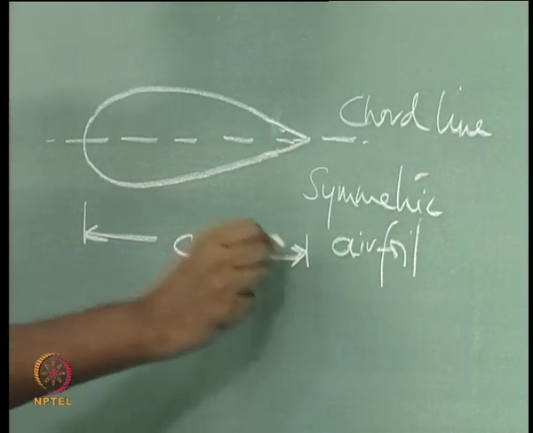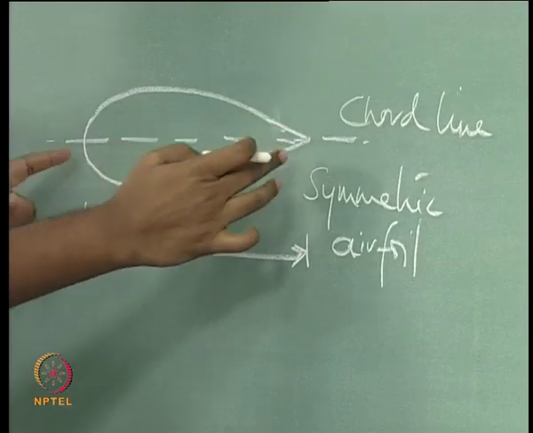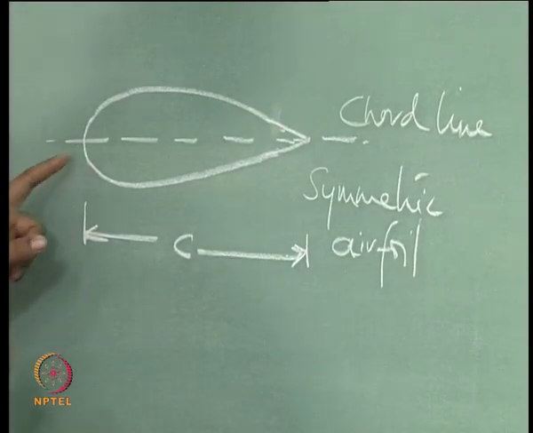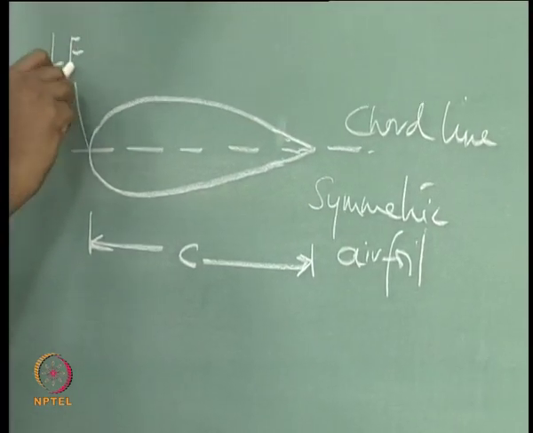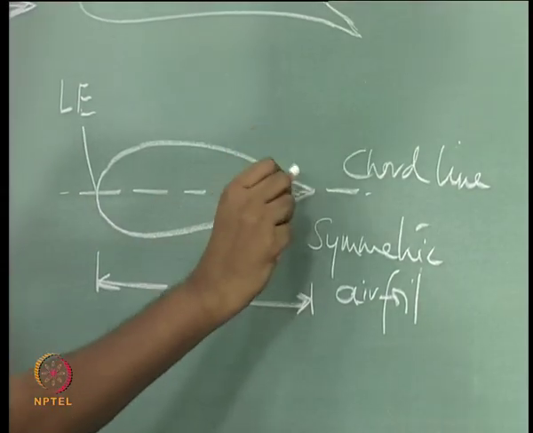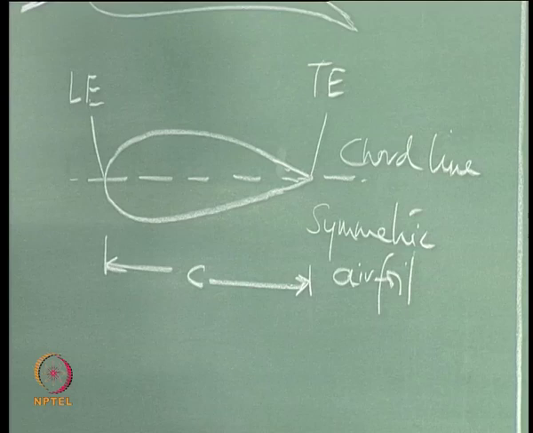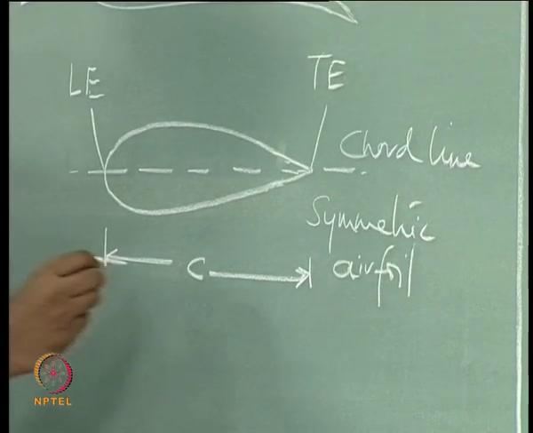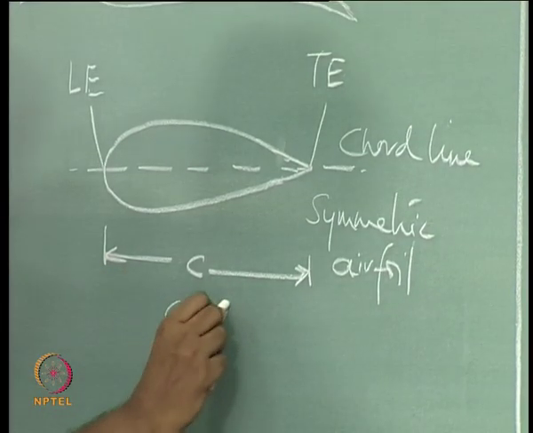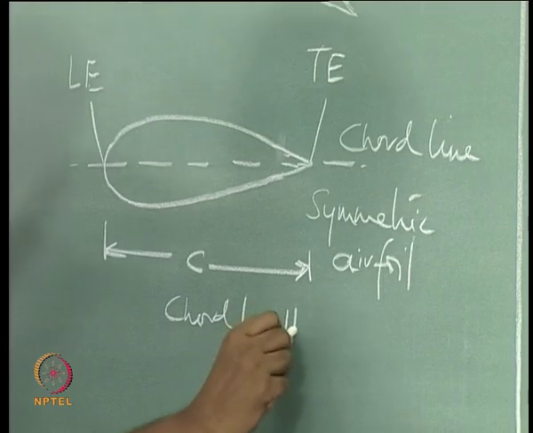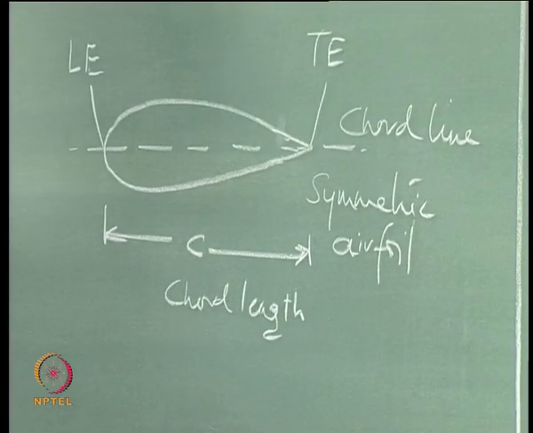This length joining the leading edge of the airfoil and the trailing edge is given by this distance, which is the chord length of this airfoil.